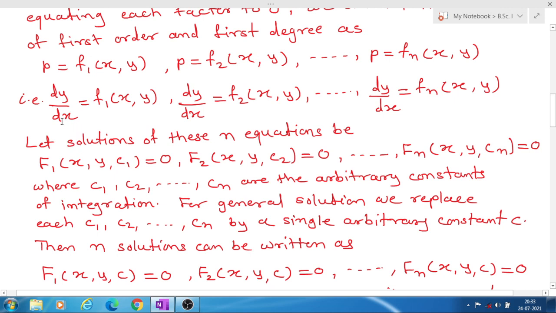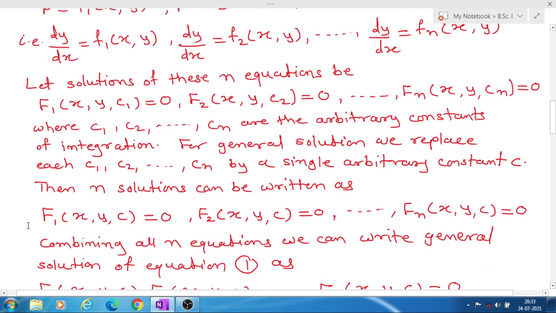Therefore, we get n equations: dy by dx is equal to f1(x,y), dy by dx is equal to f2(x,y), and so on, dy by dx is equal to fn(x,y). Now these are n differential equations. Therefore, by solving them we get n solutions.